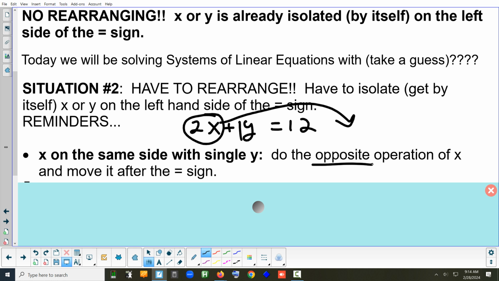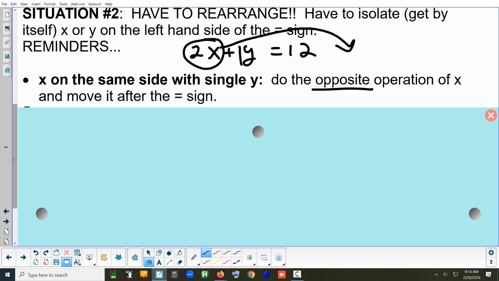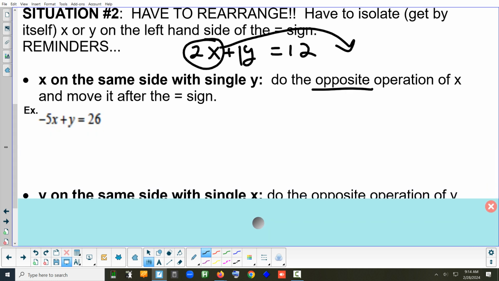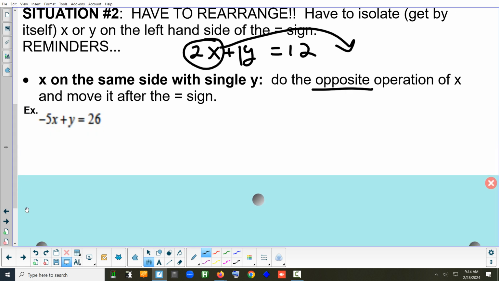You're going to do a minus 2x. And that would put the 2x on the other side, and you'd end up with the y all by itself. We kind of practiced that a little in the warm-up. We'll do a few more. Oh, we'll do one right now.